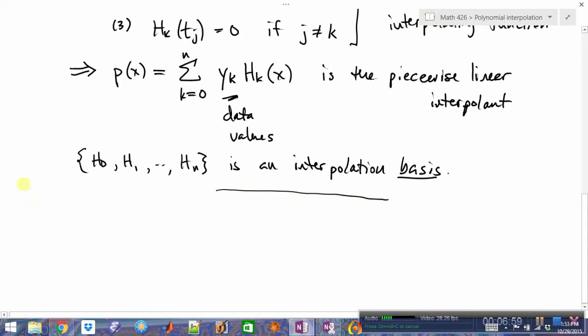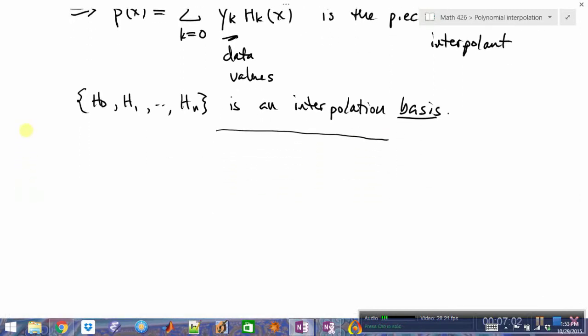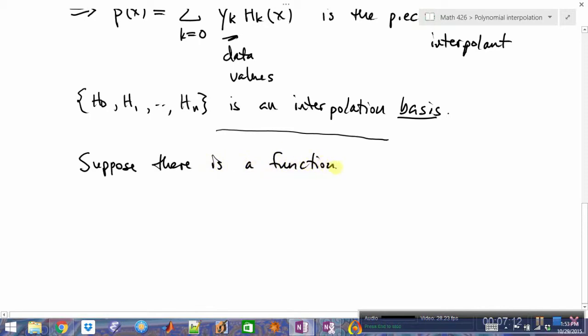All right. So one more piece of business to finish up with piecewise linear interpolants. Suppose now there is some function f of x that provides the data. In other words, yk is actually the value of f at tk for all k.